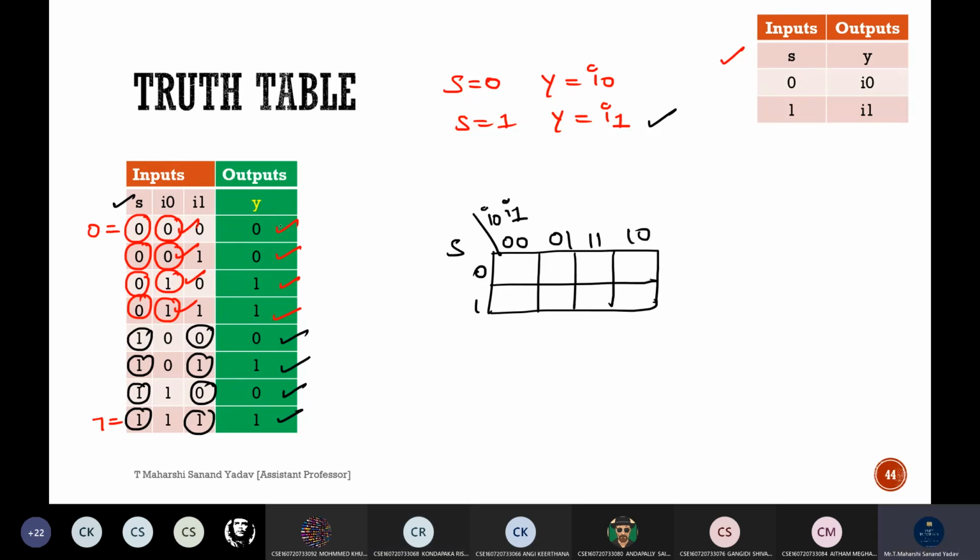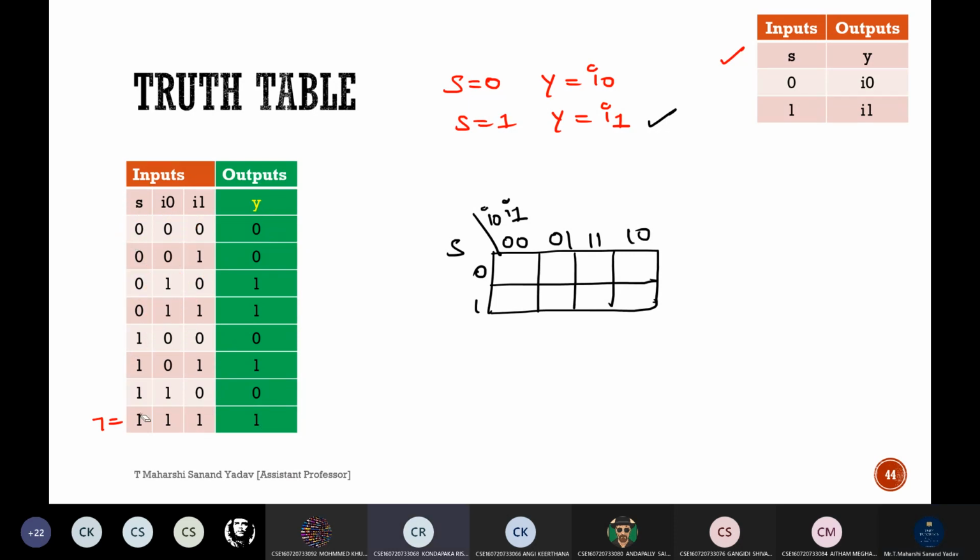Now, what are the minterms for this particular table? 2, 3, 5, 7, where this is 0, 1, 2, 3, 4, 5, 6, 7.